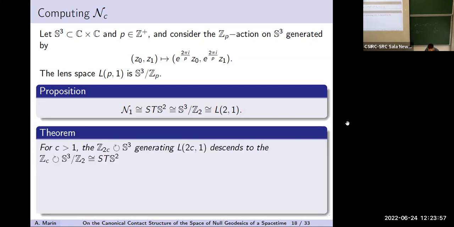Well, for bigger Cs, I'm going to have the following. I'm going to take the Z_2C action on S3 that gives me the lens space L(2C,1). So this is the Z_2C action that you have upstairs.